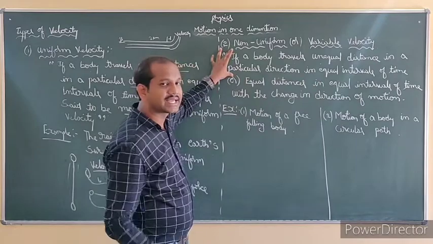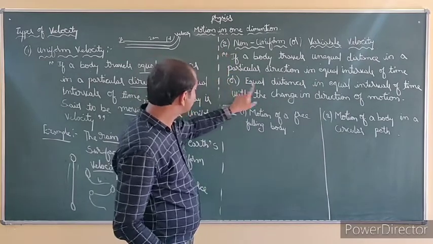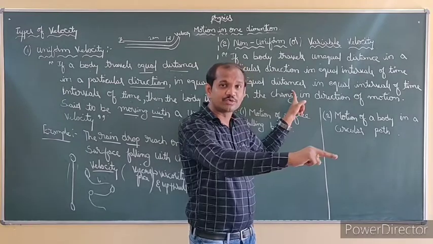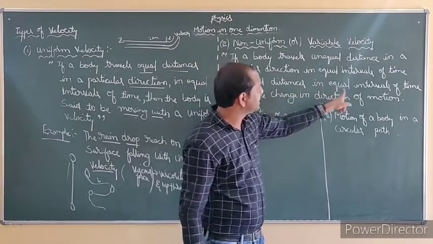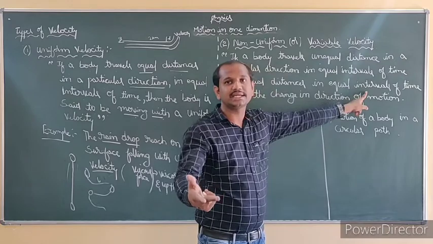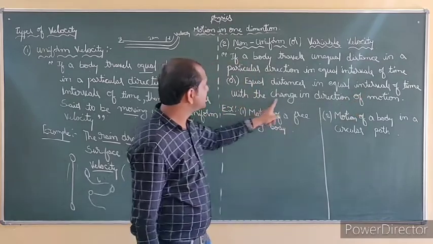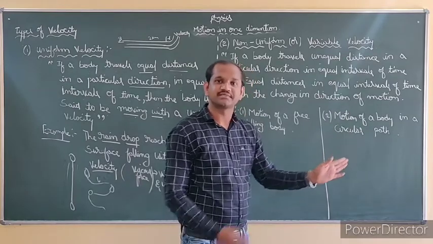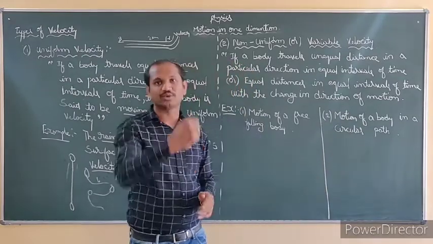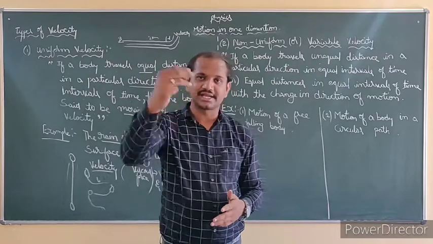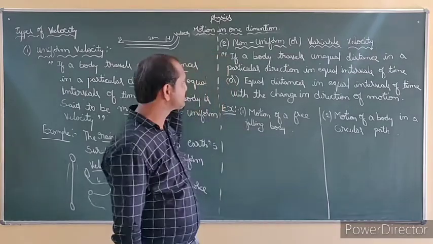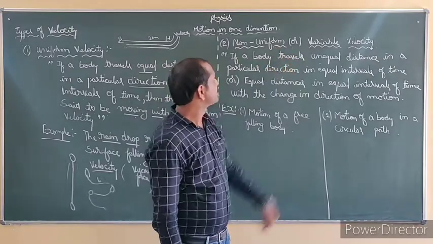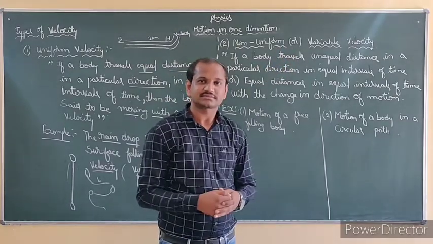Now for case 3, equal distances. Both moved at 50 km per hour in equal intervals of time, again 2 hours, but with a change in direction of motion. Car A moved east, car B moved west. You can go through case 3 again and then you will understand very well what is uniform. Case 1 belongs to uniform velocity. Cases 2 and 3 come under non-uniform or variable velocity.